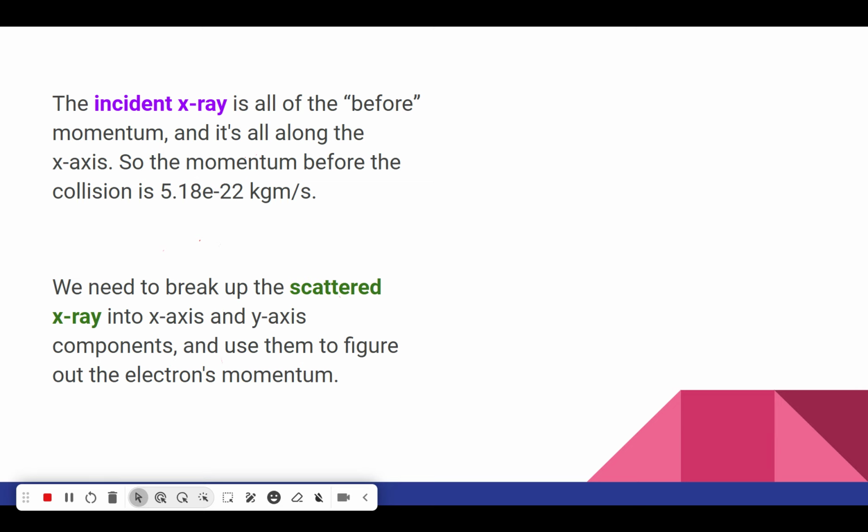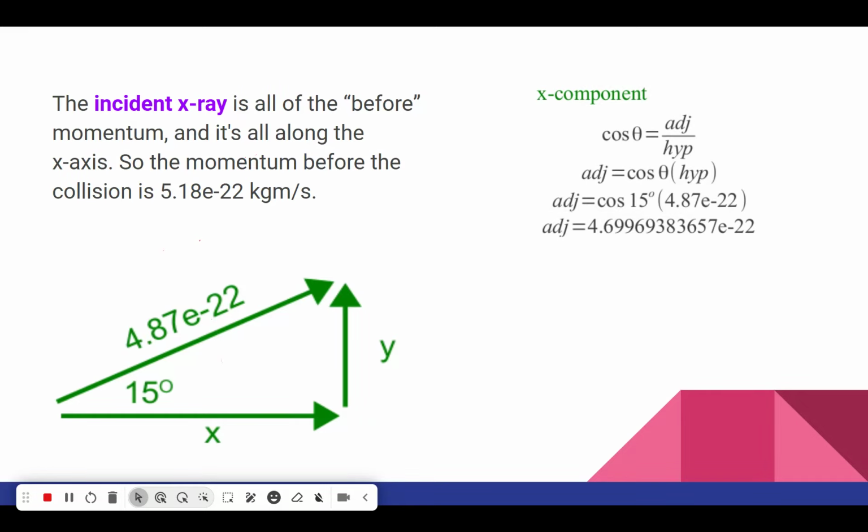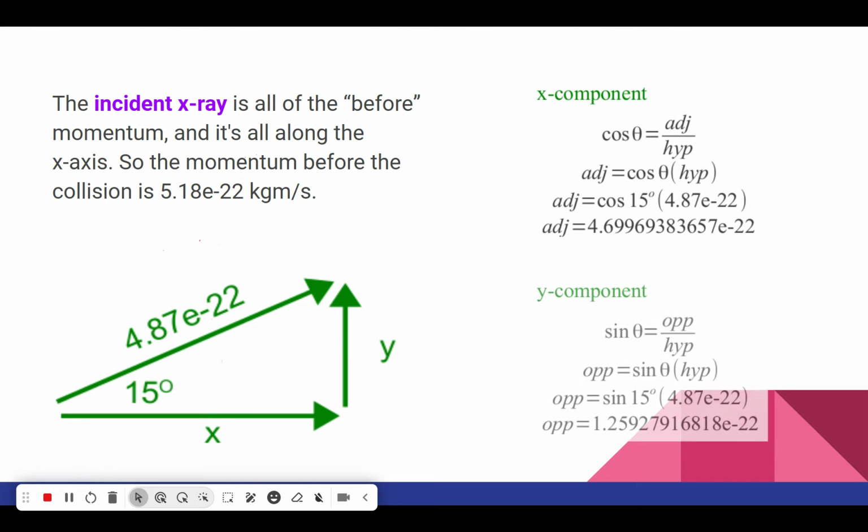But for the scattered X-ray, which I know stuff about after the collision, it must have x and y components. So just like we would do back in 2D collision stuff, I'm going to figure out those components of the scattered X-ray. I take my number with the angle, I draw myself a beautiful triangle, and I come up with an x component that I used cos to find, and a y component that I used sine to find.